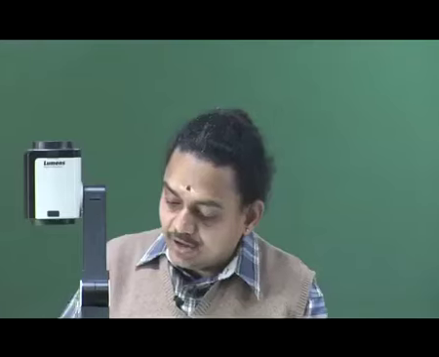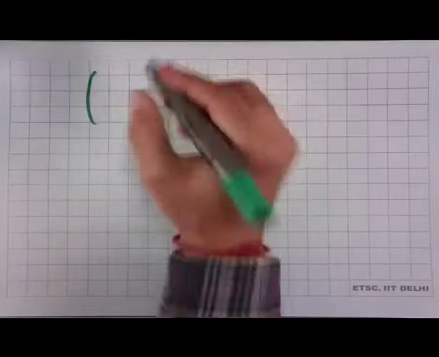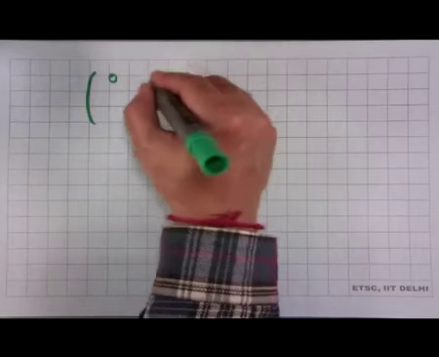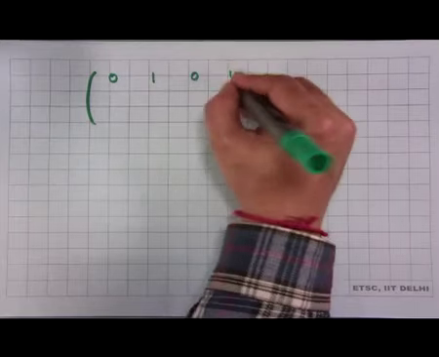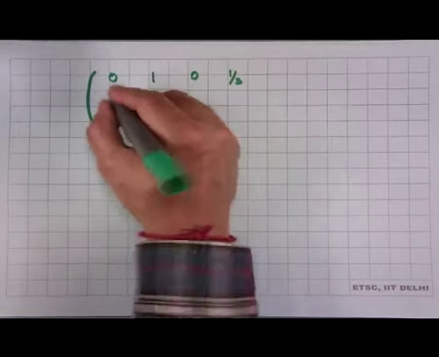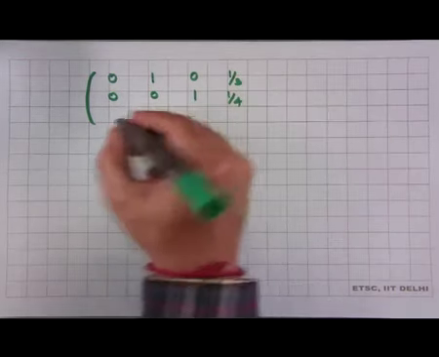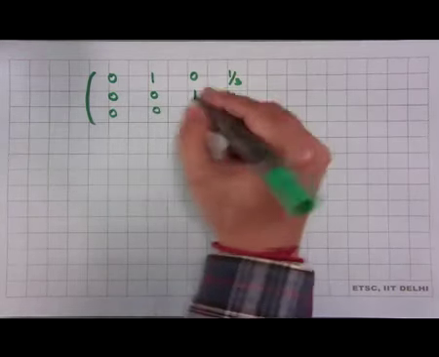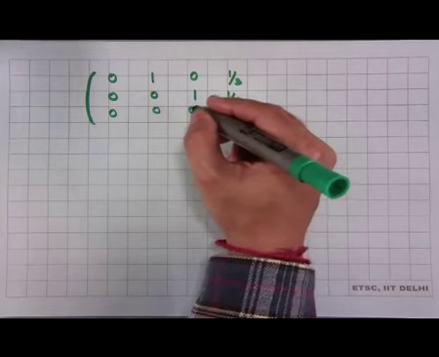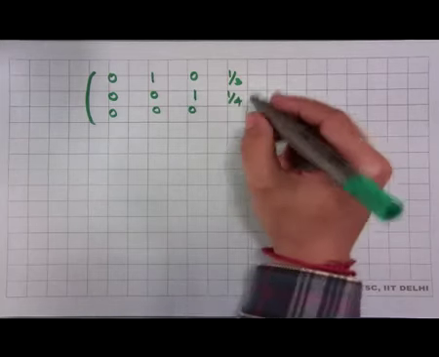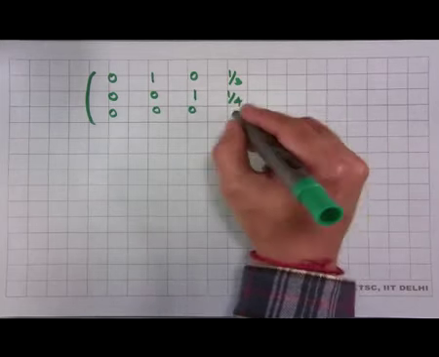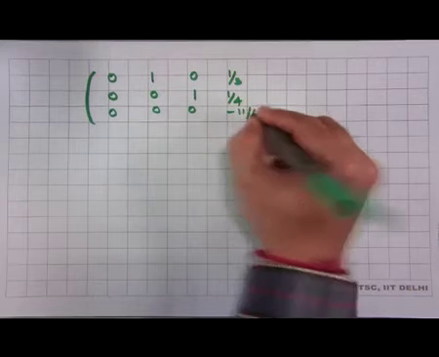And so, the resulting matrix here is 0 1 0 1 by 3, 0 0 1 1 by 4, 0 0 0, and minus 4 by 3 minus half, which is minus 11 by 6.